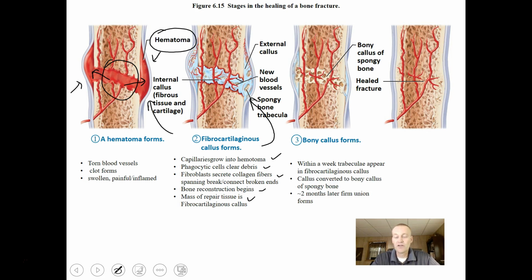Within a week, you'll get trabeculae that will form. That will be spongy bone within that fibrocartilaginous callus, and eventually the callus that forms will be converted fully into spongy bone, and in about 2 months the union will be complete.